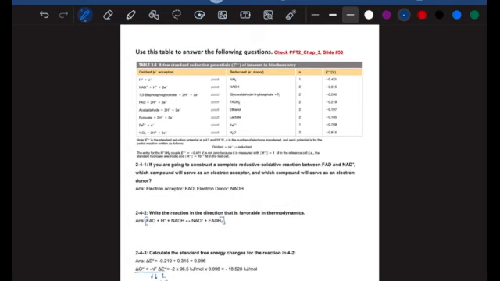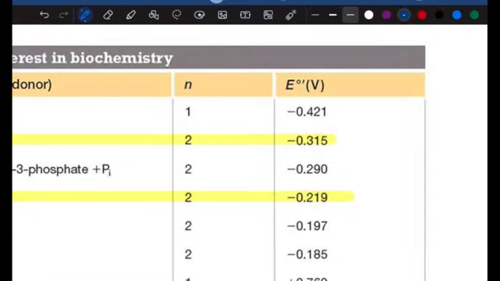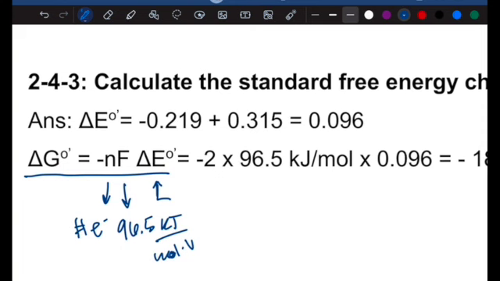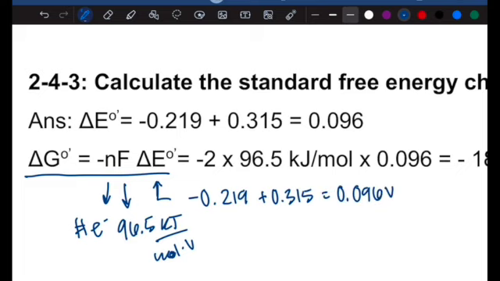So we know that our electron acceptor is FAD, so we will keep negative 0.219, and our electron donor is NADH. So this equation up here will be flipped, and we will also change the sign and use positive 0.315. So our delta E is negative 0.219 plus 0.315 to get 0.096 volts.